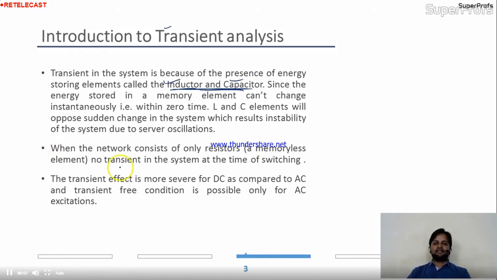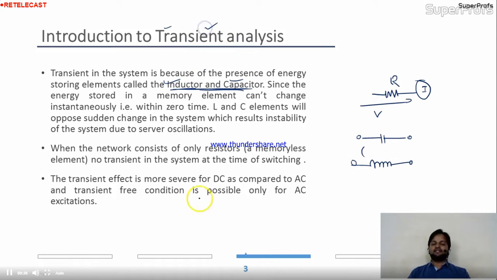When the network consists only of resistors, it is memoryless, and there is no transient in the system at the time of switching. Suppose in the circuit we are having the resistance, there is no transient in the circuit. We are applying V, we are getting I. But if in the circuit we are having the memory element, or I can say the energy storing elements like capacitor and inductor, they contribute the transient nature in the circuit.